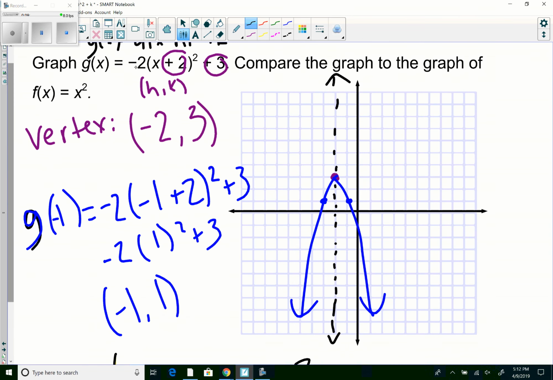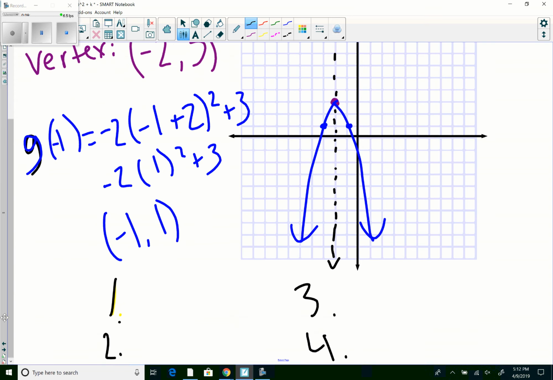Number 1, starting from left to right in this formula: which way did our graph open? It opened down. Another way you might be asked about this is that it reflected. So this reflected over the x-axis.